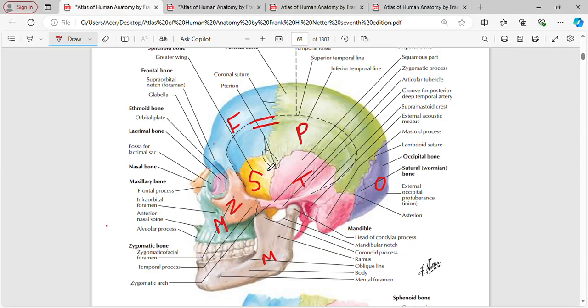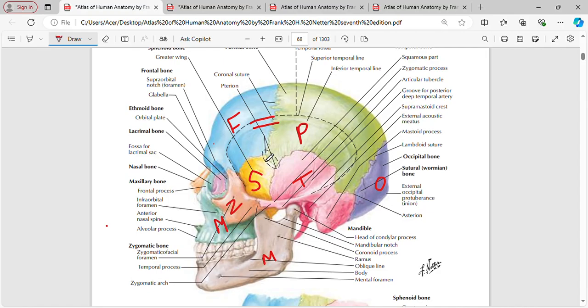Moving further, we can see that there is a presence of a weak and thin point, the thinnest point, and a very important objective for the examination is that in the lateral view of the skull, here is a point that is called the pterion, right? It's actually a point where the frontal bone, the parietal bone, the temporal bone, and the greater wing of the sphenoid are going to unite with each other, and this is clinically also very important because here is the passageway for the anterior division of the middle meningeal artery.